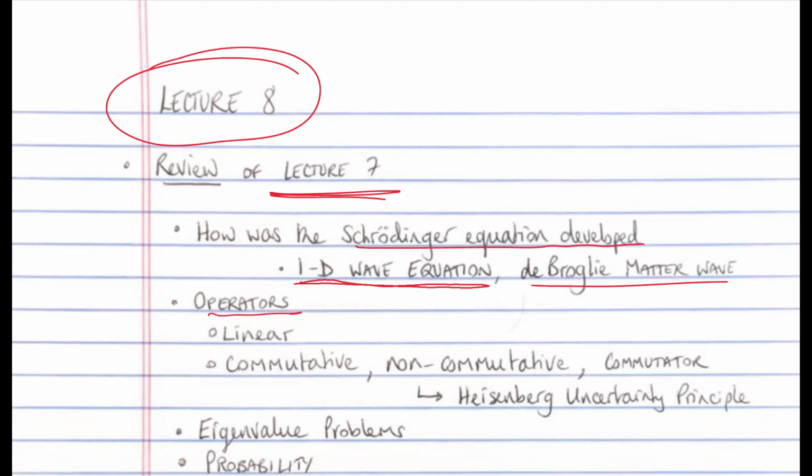We talked about operators, and I introduced linear operators, commutative operators, and also non-commutative operators. I told you how you would measure something called the commutator, which would be 0 if we have a commutative pair of operators. Why was this important?